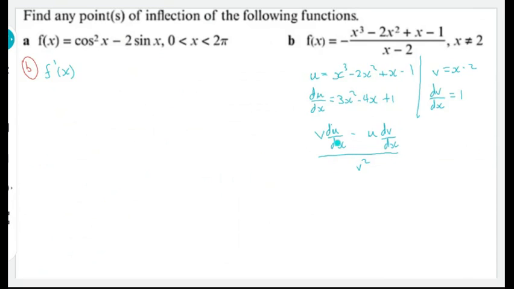So in this case, it's x minus 2 multiplied by 3x squared minus 4x plus 1, take away x cubed minus 2x squared plus x minus 1, all multiplied by 1, all divided by x minus 2 all squared.